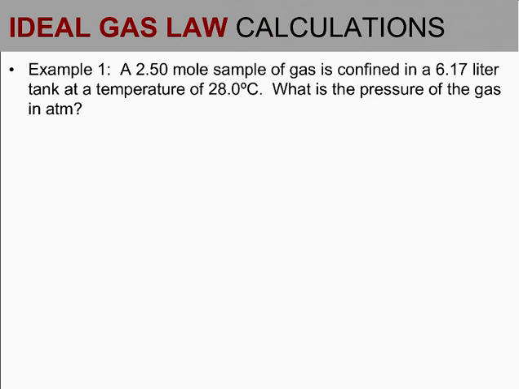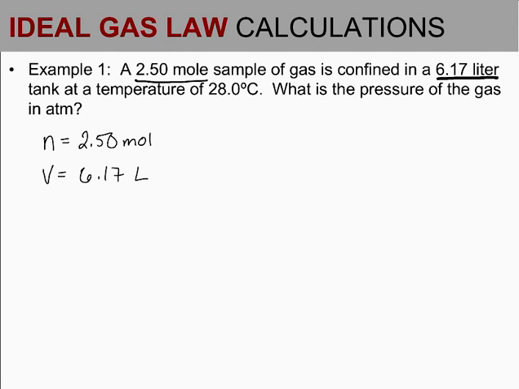All right, so let's break down what we're given here. We're told that we have a 2.5 mole sample of gas. So that's our amount, N. And we always want N to be in units of moles, so this is already set. And then we're also told we have a 6.17 liter tank, so that's our volume.